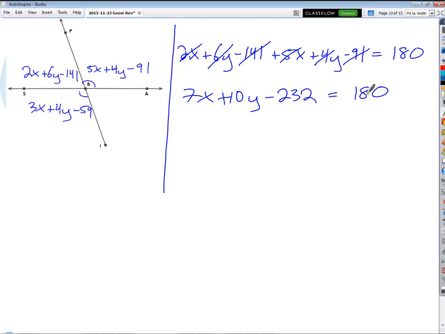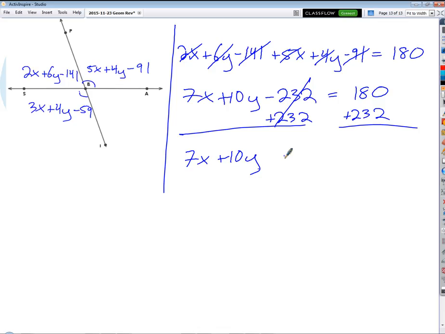So add 232 to both sides. If we do that, we end up with 7x plus 10y equals, what is that? 412, yeah, that's right. So now we've got two equations.